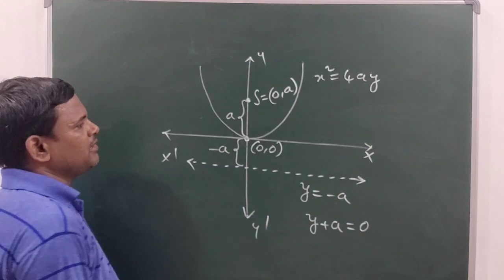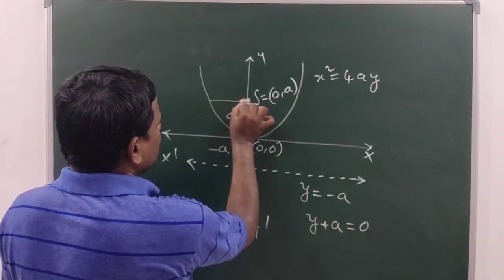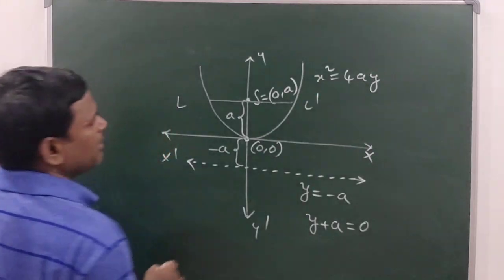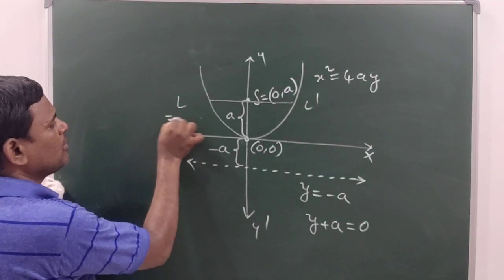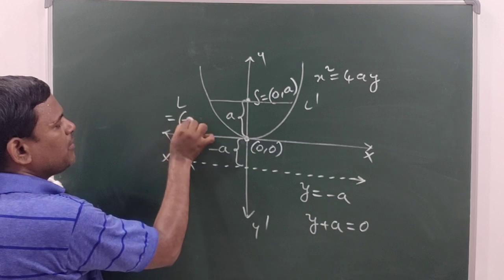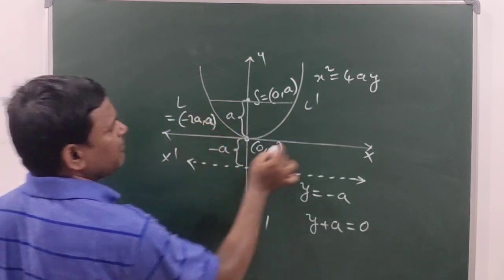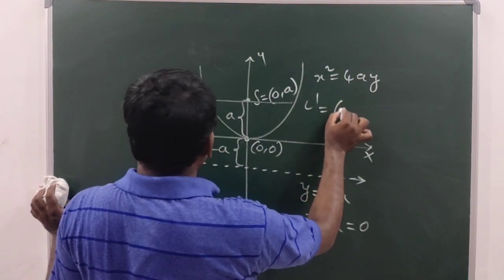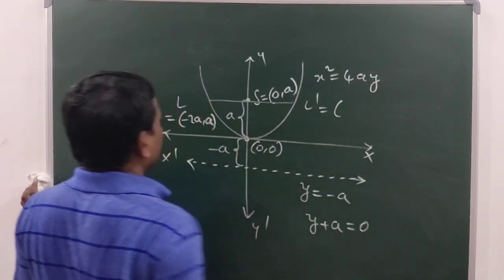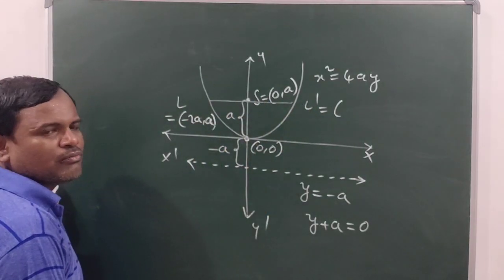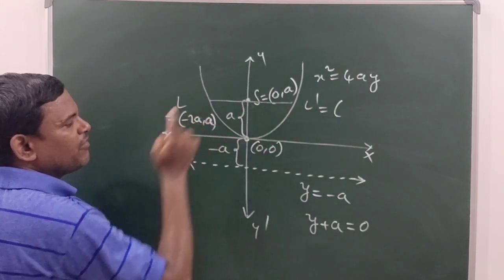Okay, right. Now see, this is the latus rectum, L dash, whose coordinates will be minus 2a comma a. This is a horizontal line. On a horizontal line, the y coordinate of every point is the same.